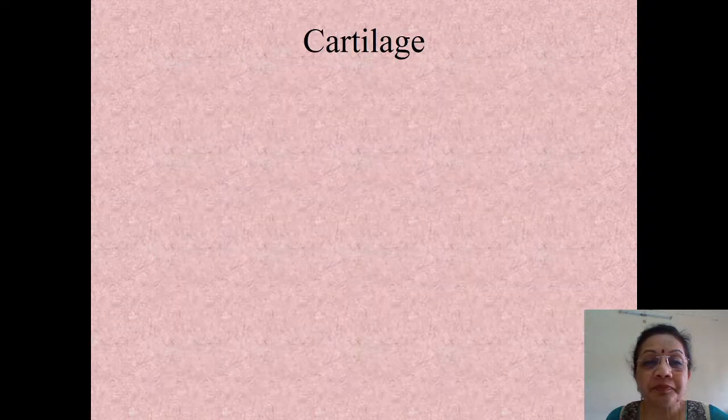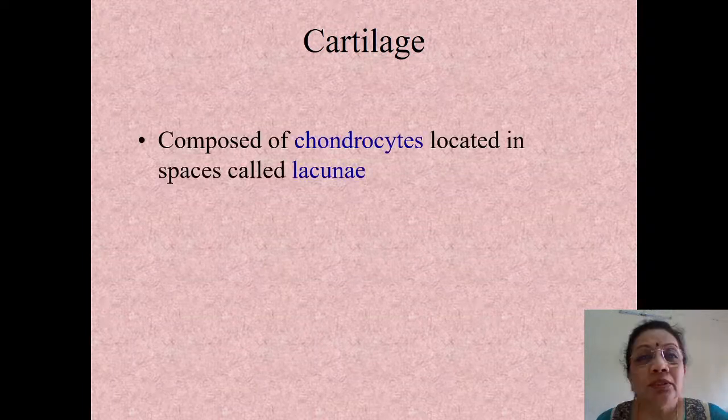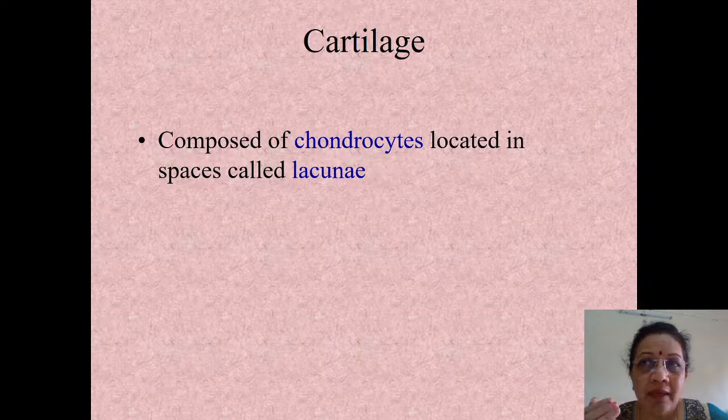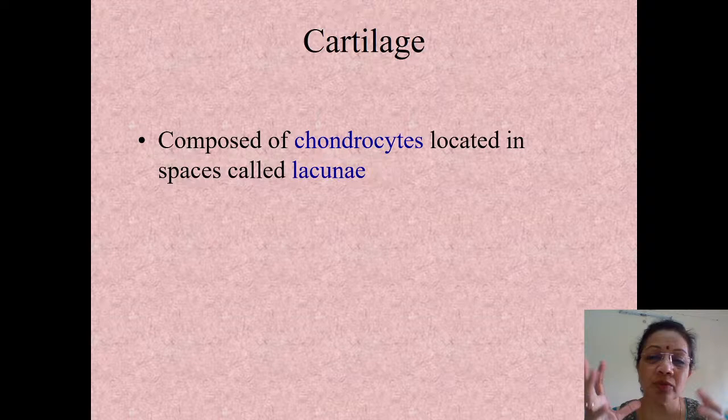And today I want to cover cartilage and bone as a tissue. To become cartilage, an embryonic connective tissue has to start differentiating into a kind of cell which will produce a very specialized matrix of cartilage only, which is composed of large molecules called glycosaminoglycans.